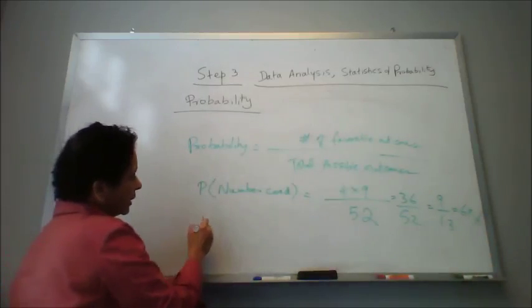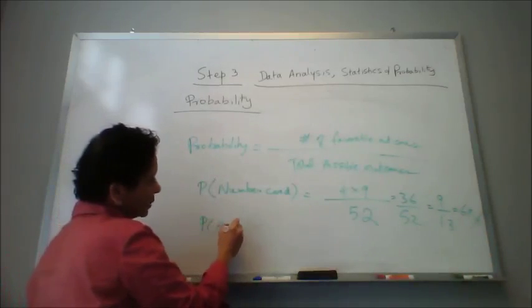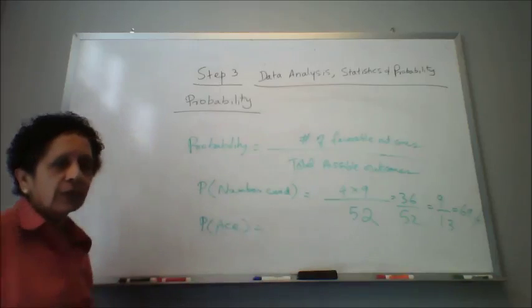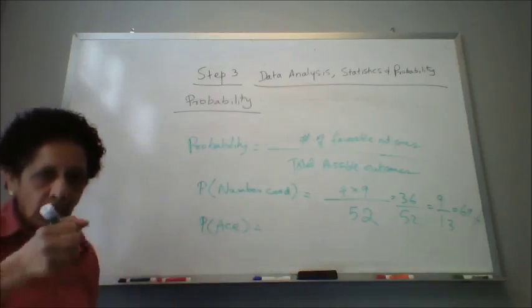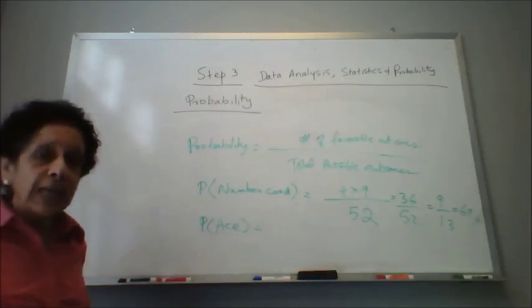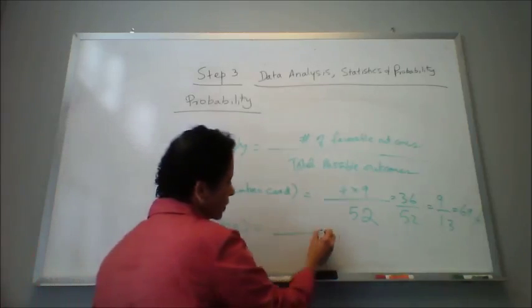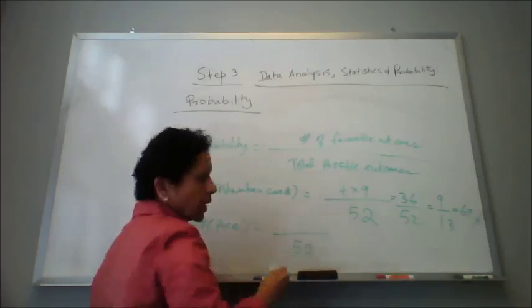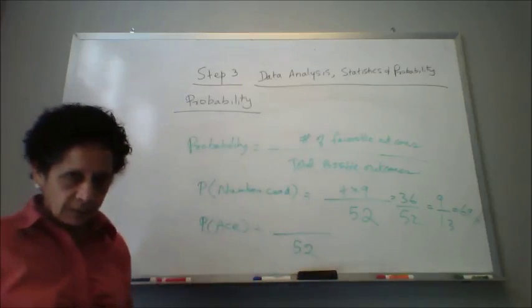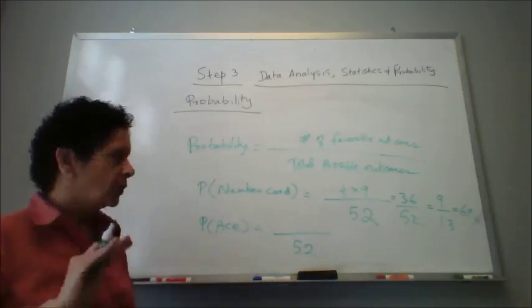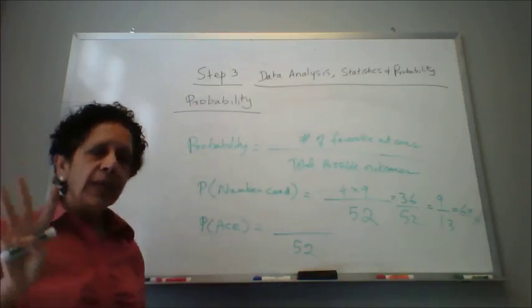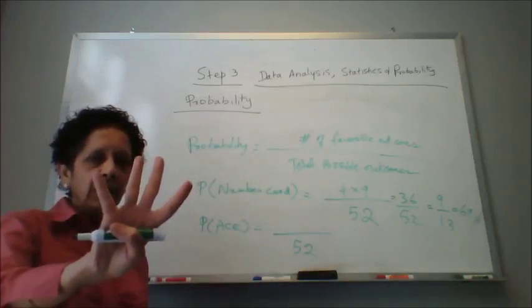So then another problem, if the question says, what is the probability that I'm going to get an ace? I'm drawing one card. What is the likelihood that it's an ace? If you use the definition, there are 52 possible outcomes. You want to write it at the bottom. That's the easiest thing to do. You do that first. And then how many aces do I have? I've got 4 aces, right?